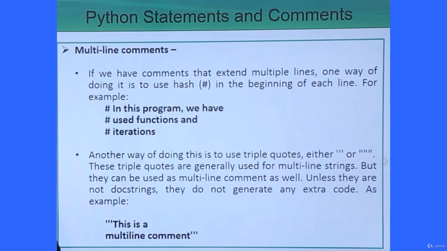So here you see a multi-line comment. I can have any number of lines, but the first line will be preceded by three single quotes, and the last line will have three single quotes at the end. We can also use double quotes in place of single quotes, but in both cases we use them three times. That is the way to write a multi-line comment.